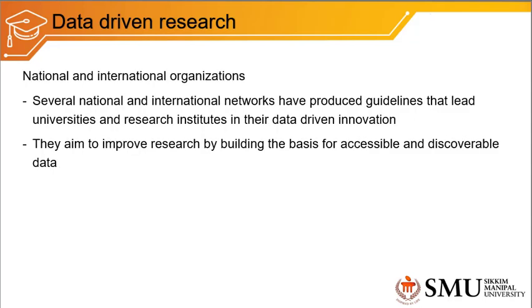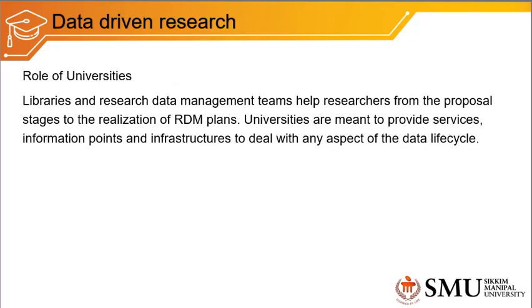The second stakeholder is national and international research organizations. Several national and international networks have produced guidelines that lead universities and research institutes in their data-driven innovation. They aim to improve research by building the basis for accessible and discoverable data. Third comes the role of universities.